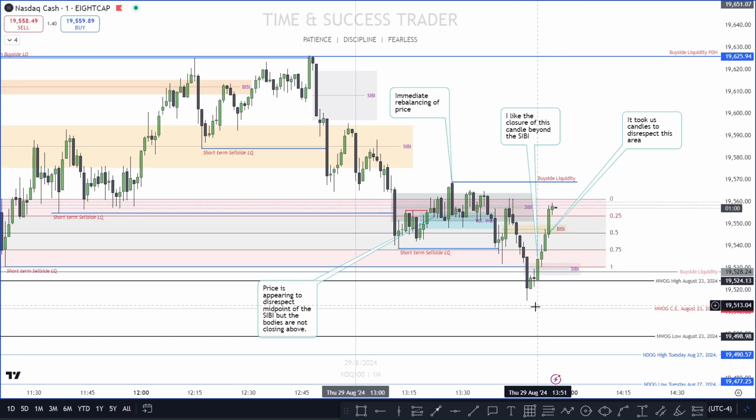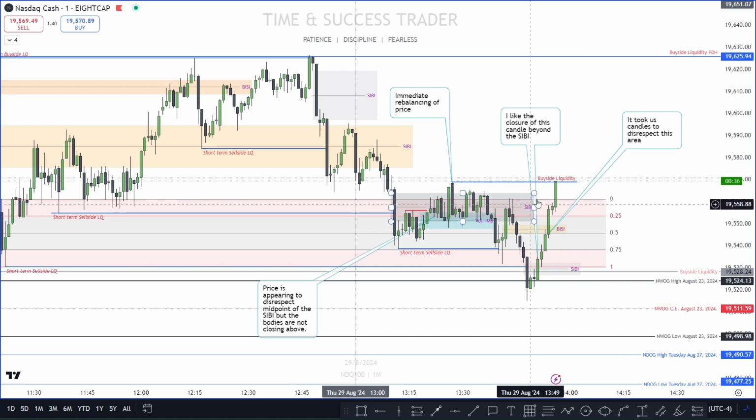The stop loss would be safe because we tapped into this new week opening gap. We didn't even reach the 50%, but with such power, and we tapped into it, and then we have immediate retracement. This is telling us something. This is telling us that we want to go higher.